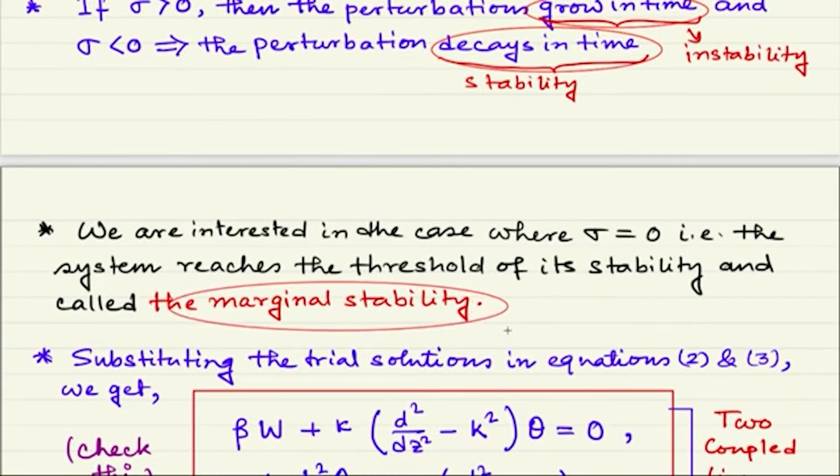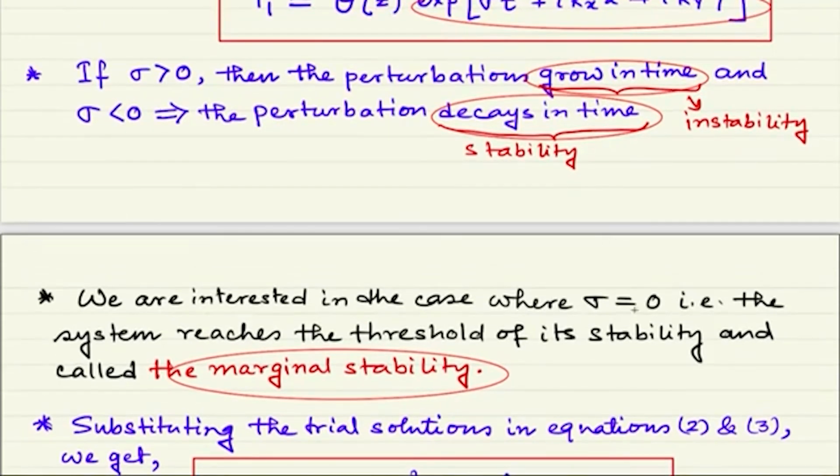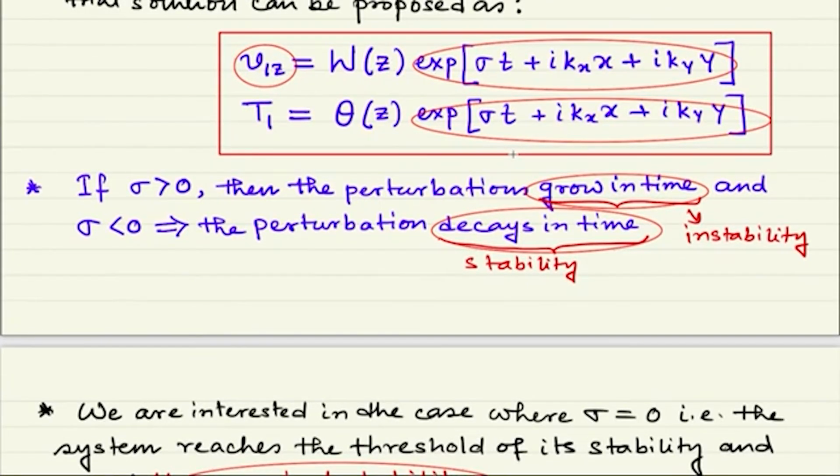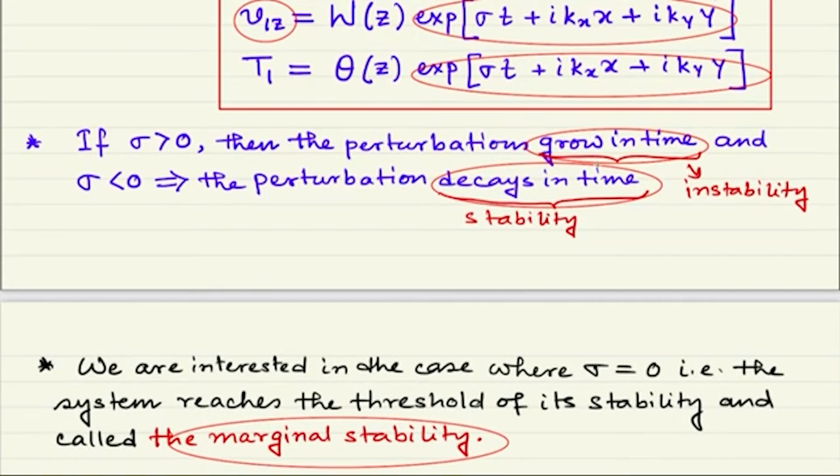Some people say this is the part of marginal instability, and that is because in this case sigma is chosen to be 0 and time independent. If you just increase sigma a bit from that point, then philosophically, in proper language, both are actually non-stable conditions.